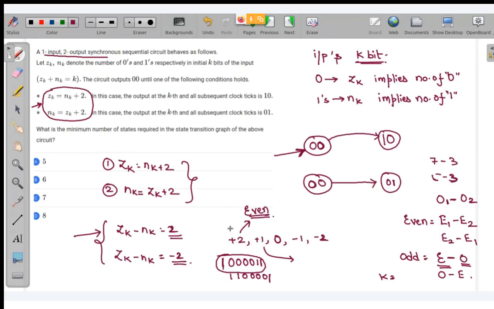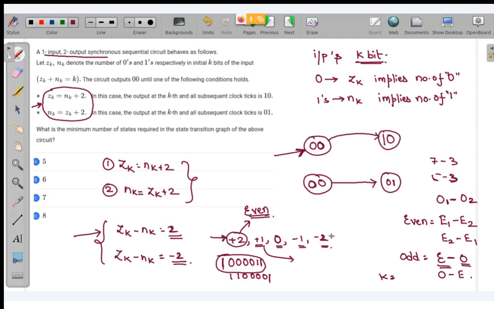Now to decide, for representing these 5 states, I require 5 unique states. I need to encode them, and already two states have been taken. Which two states?